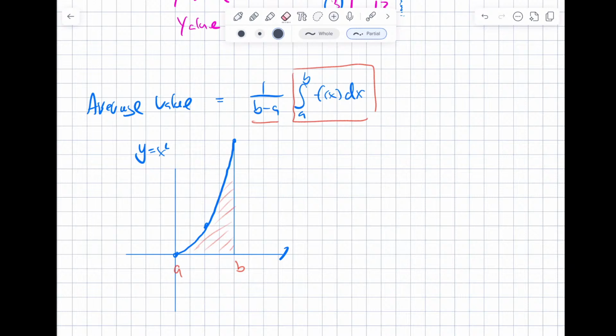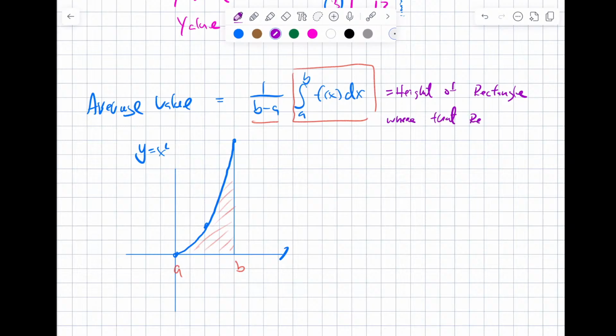You're going to get a height of a rectangle, where that particular rectangle's area is equal to the area under the function.